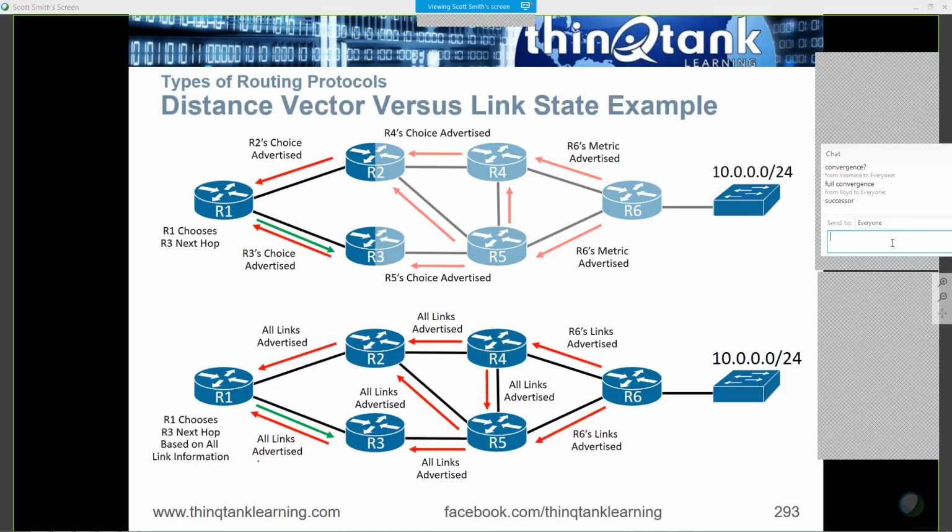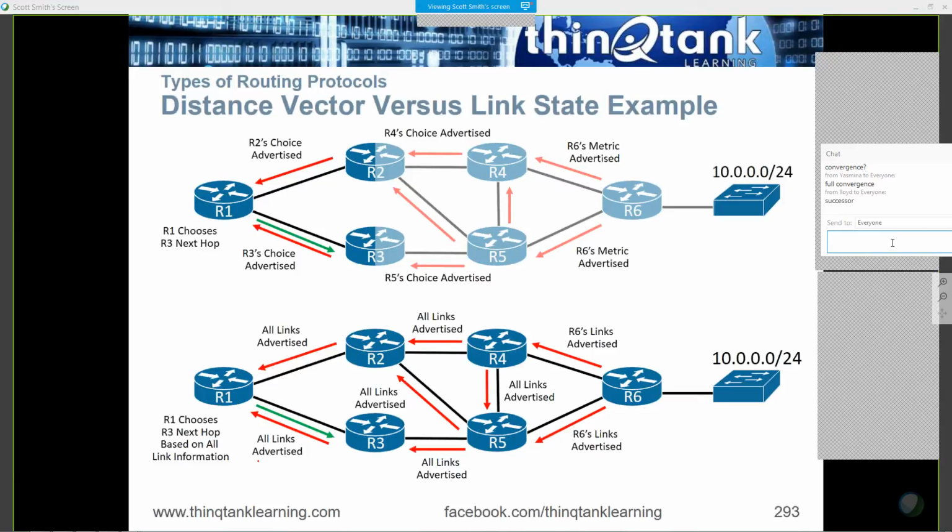Link state is like pulling out a map, or for those people that actually live in this century, pulling out your GPS, seeing every single path that's available, and making a decision on what direction you want to go based on understanding the entire path. That's the fundamental difference between distance vector and link state.